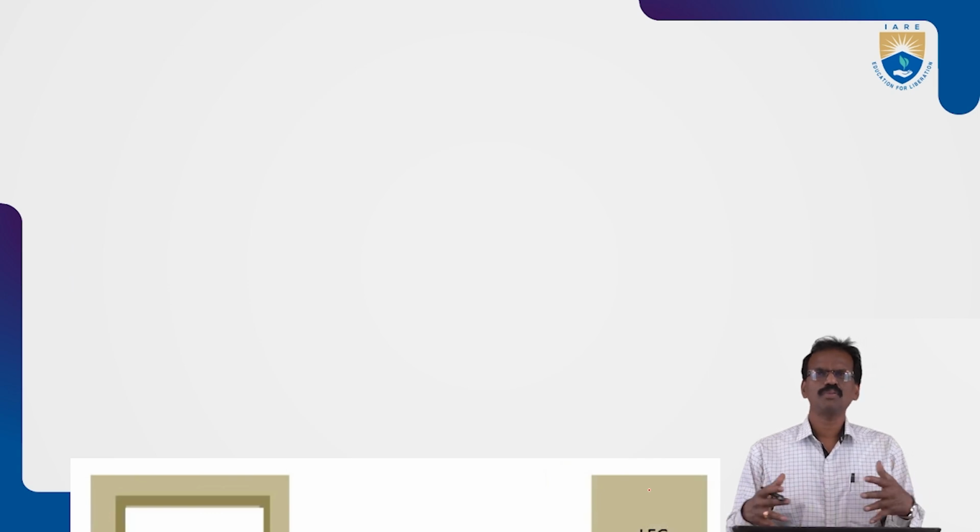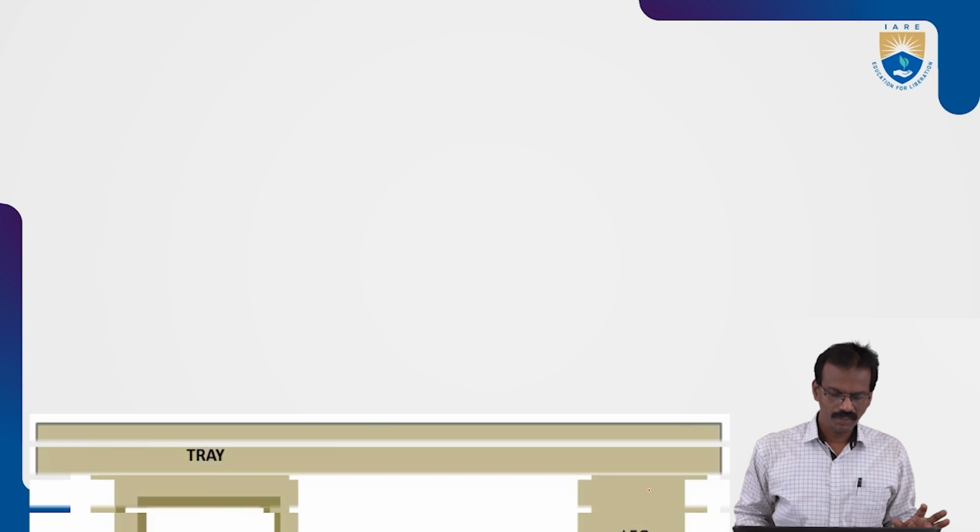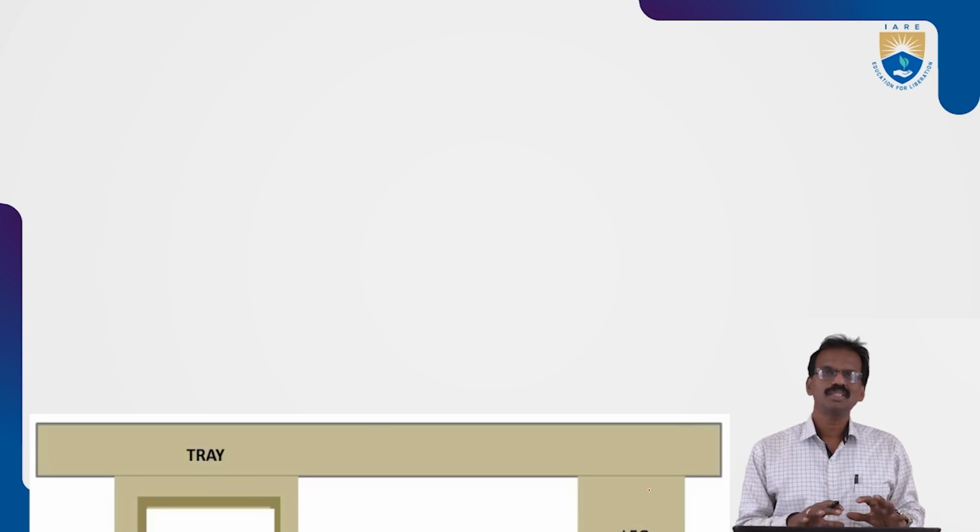Most probably it is in rectangular form, which gives good support for all the other parts of the lathe. On it there is one tray.